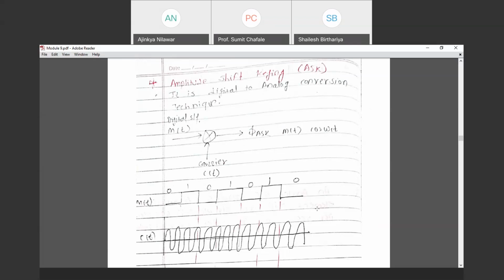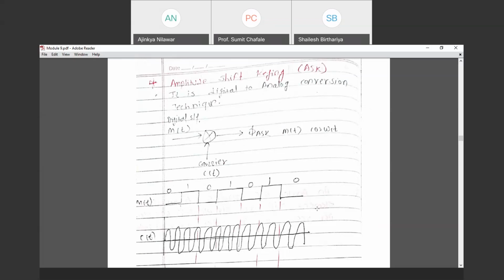Before moving forward, shift keying is used in a modem. A modem is used in our TV box or CPU box. In the CPU it is used for accessing the internet, and for TV it is used in the set-top box. Nowadays we are using QAM, which is a combination of ASK and phase modulation, for TV transmission.